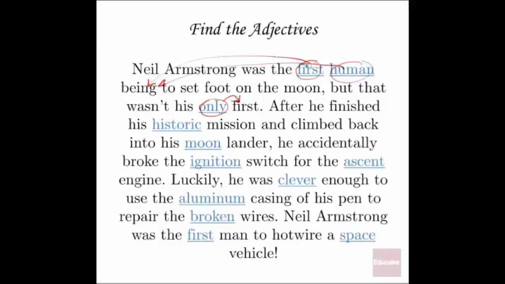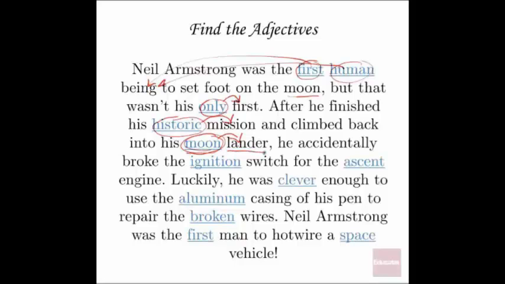Always check to see what role a word is playing in the sentence before you decide what part of speech it is. After he finished his historic mission, historic is an adjective modifying mission. What kind of mission? A historic one. He climbed back into his moon lander. Notice again, moon was a noun up here, but it's an adjective down here because it's modifying lander.